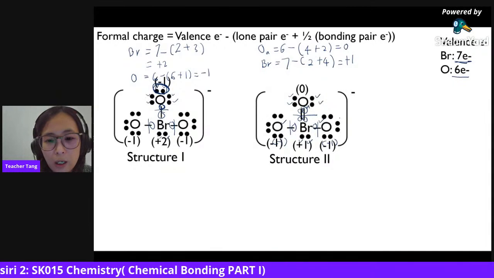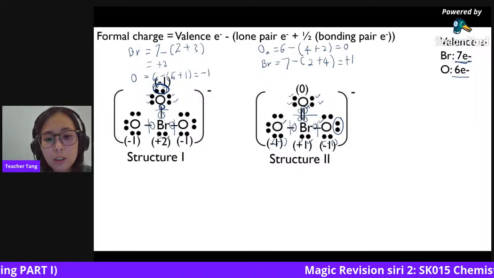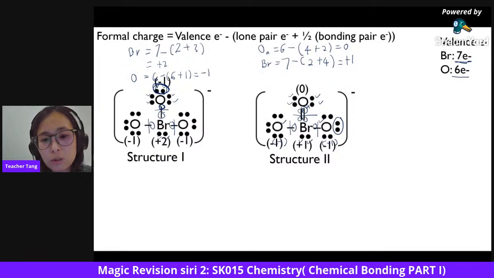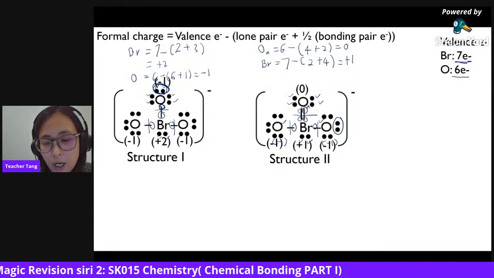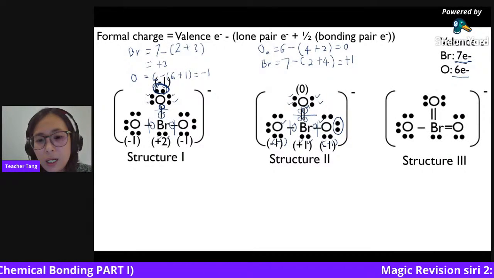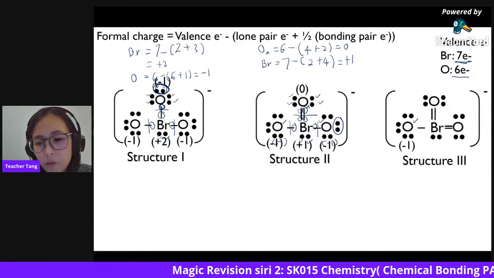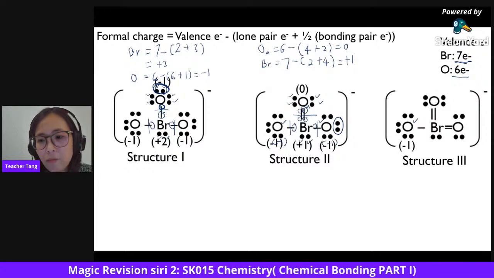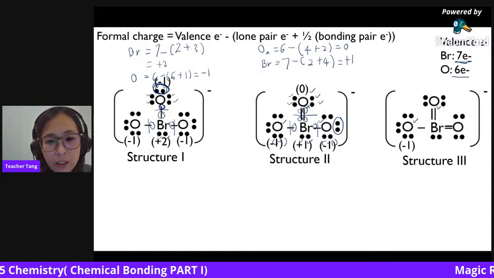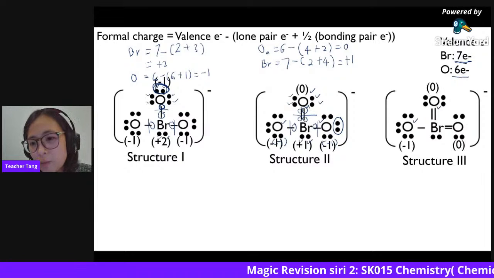Yes, we can use the lone pair on another oxygen to form a double bond, in order to make the formal charge even lower, closer to 0. This gives us structure 3. In structure 3, this oxygen we didn't touch, so it still has the formal charge equal to -1. For this oxygen here, it is the same as the oxygens we calculated previously, so it will have the formal charge equal to 0.